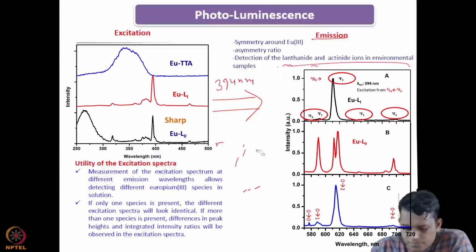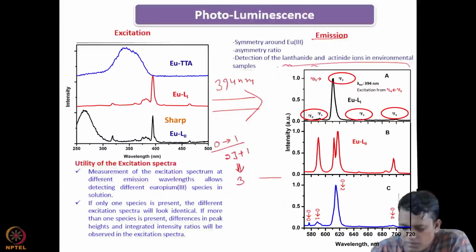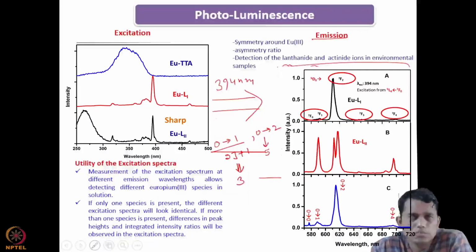Let us say the other peak, that is the 0-1 peak. The 0-1 peak can split into 2J plus 1, giving rise to 3. So if you are having this peak, as you can see in this spectra, there is some splitting. Similarly, the 0-2 can give you 5 peaks, so it can split into a maximum of 5. This all depends on the symmetry around the europium ion. The lower the symmetry, the more the splitting.